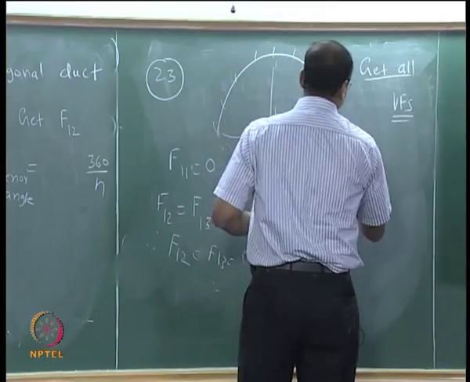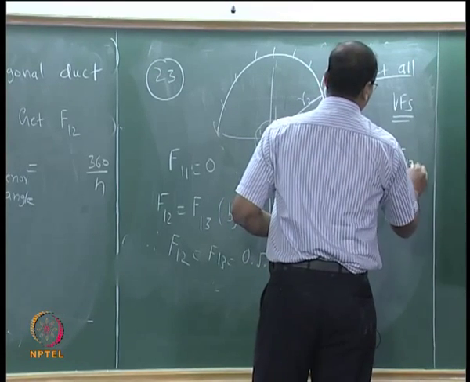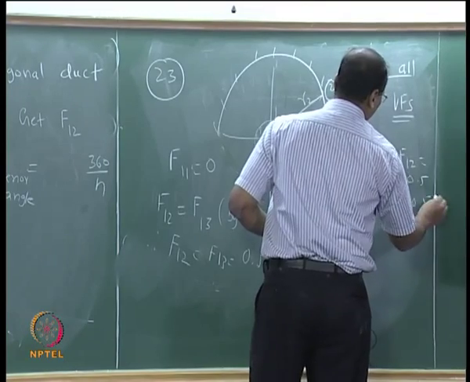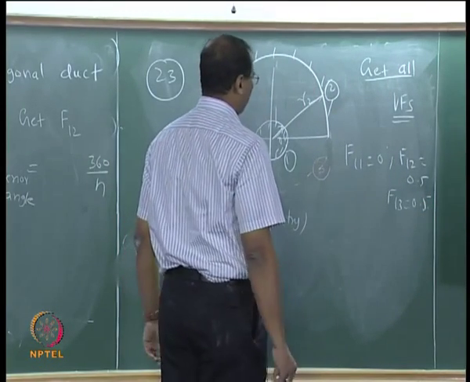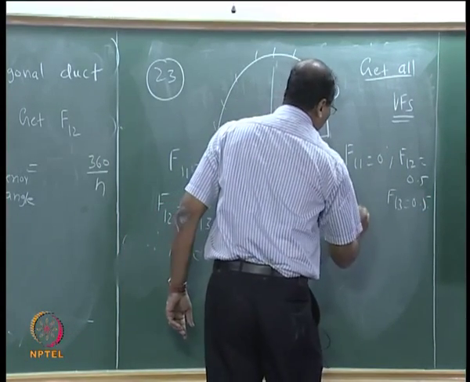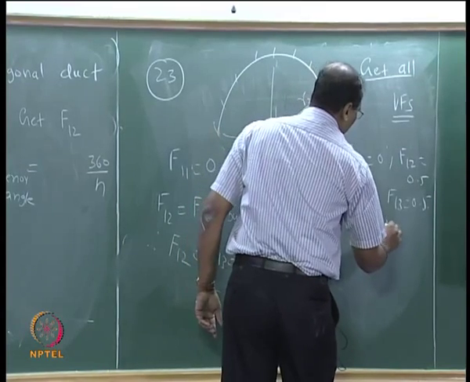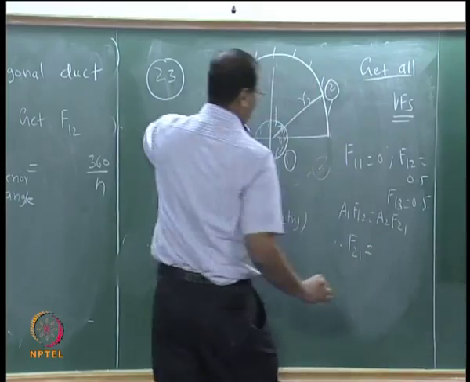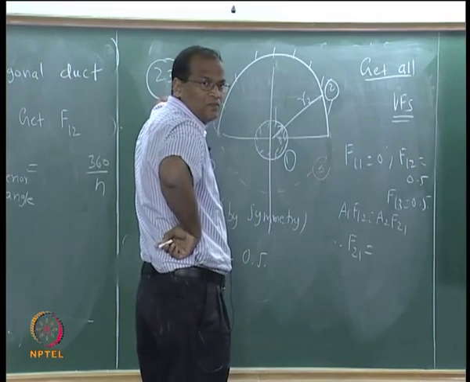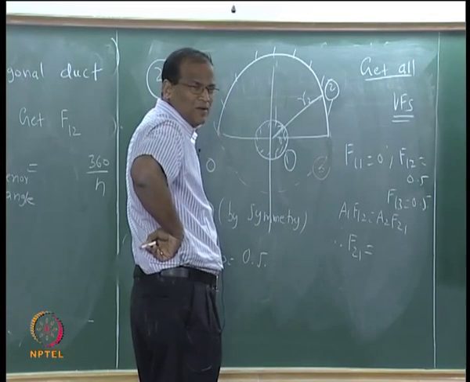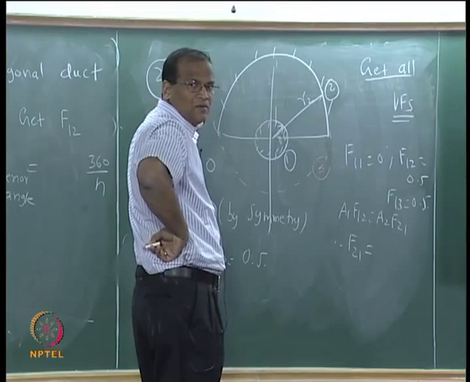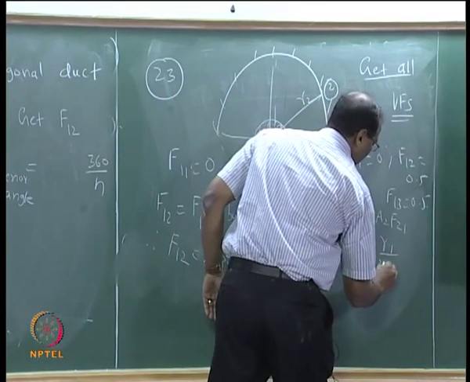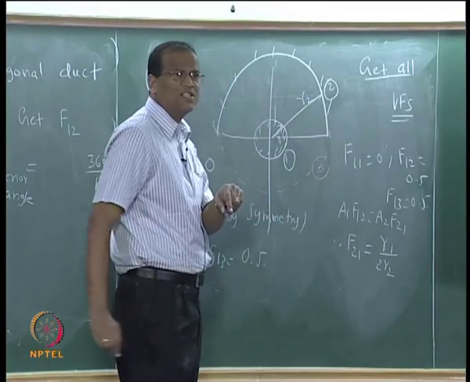So F11 is equal to 0, F12 equal to 0.5, F13 equal to 0.5, okay. A1 F12 equals A2 F21, therefore F21 equal to what is it? R1 by R2. Oh. F21 is also the same as F31?